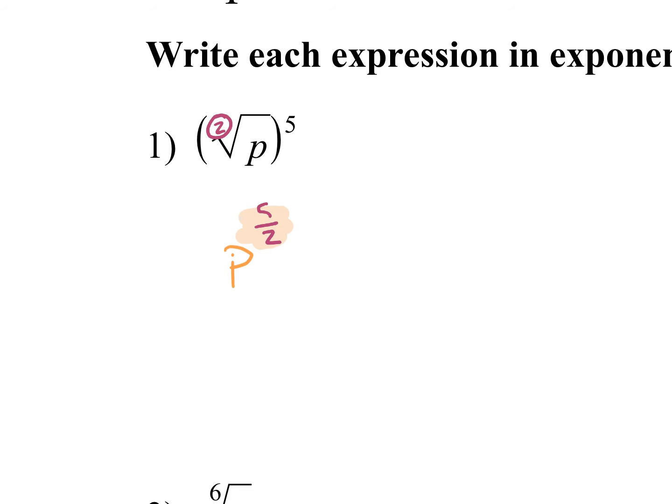The 5 is already up top here, so it just stays up top. So our answer is p to the power of 5 over 2. That's it. Easy peasy. All we need to do is get rid of our radical, put it as an exponent. So whatever our index is, that number out front, that's going to go on the bottom of our exponent.